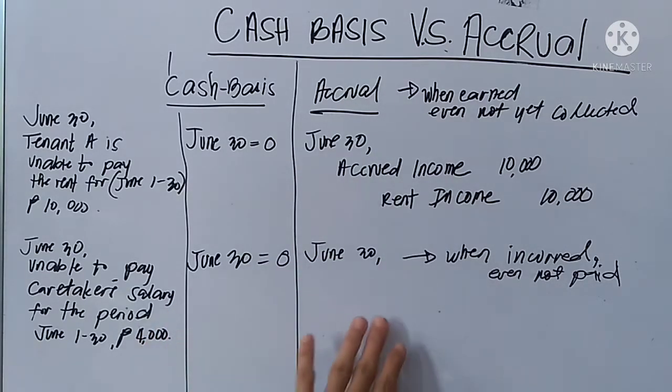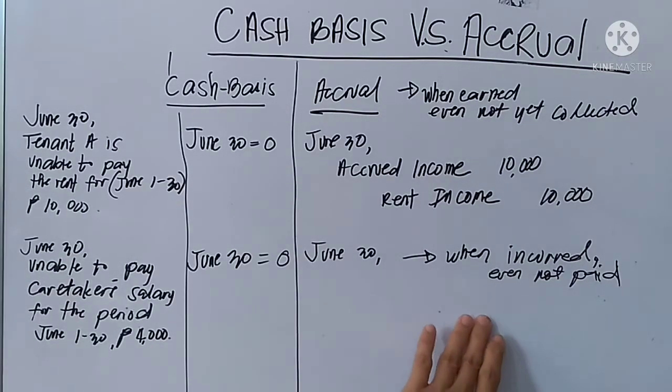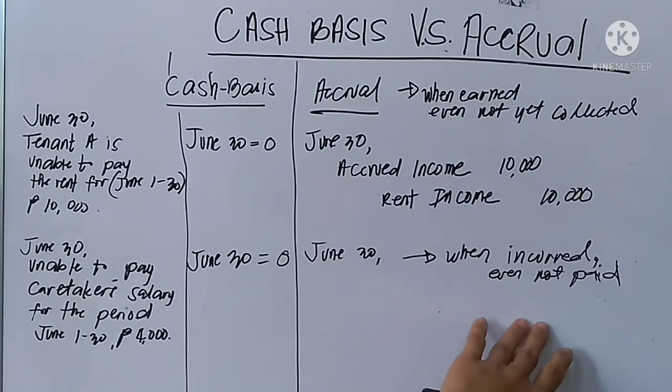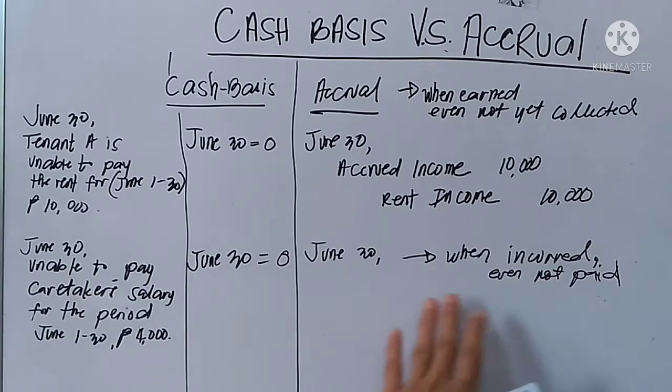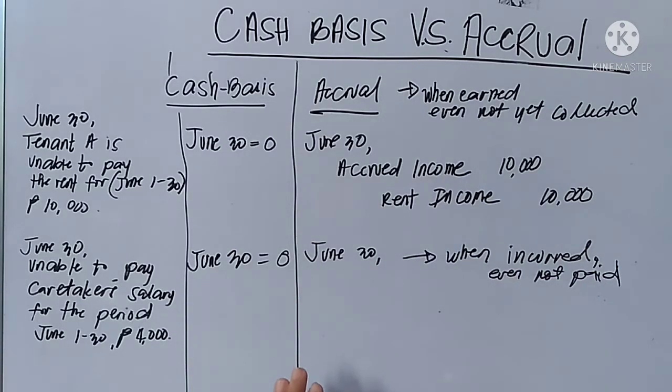So, under the accrual accounting, you will record or recognize expenses when incurred even if it is not yet paid. So, ibig sabihin, magre-recognize ka na ng expenses kahit hindi mo pa nabayaran.